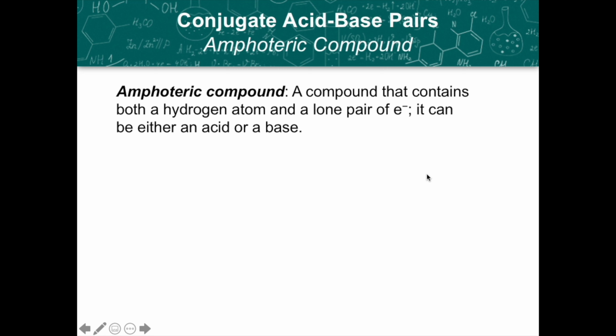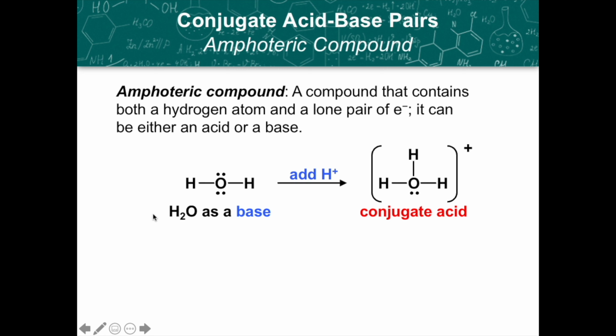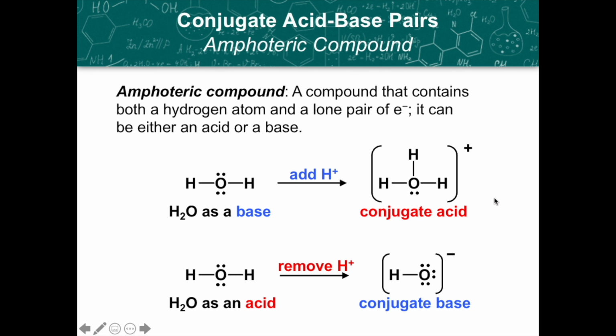As I said earlier, water can act as a base and accept a hydrogen ion, forming a conjugate acid, the hydronium ion, while water can also serve as an acid. It can remove one of its hydrogen atoms, forming the hydroxide ion, or the conjugate base.